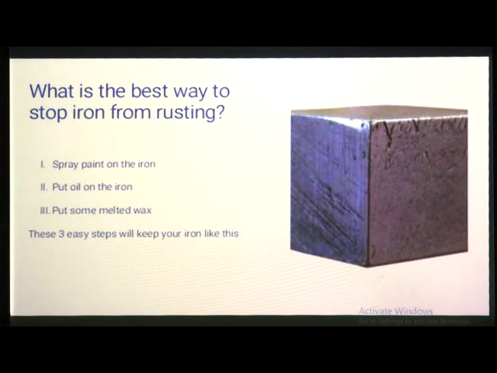Before that, I want to tell you some examples of where these types of objects are used. There are big ships used in the navy or for transport by sea.